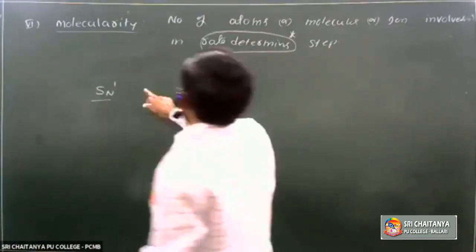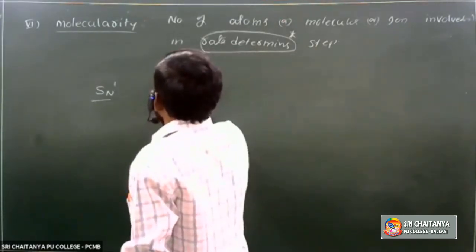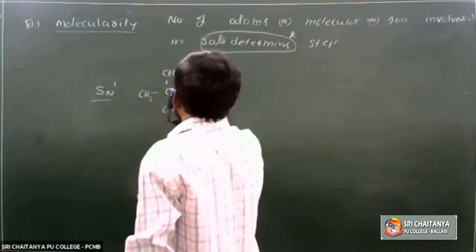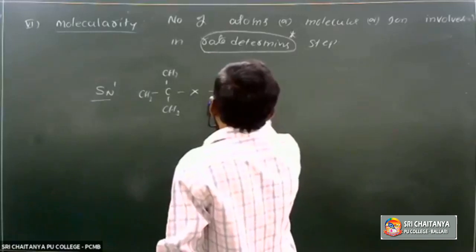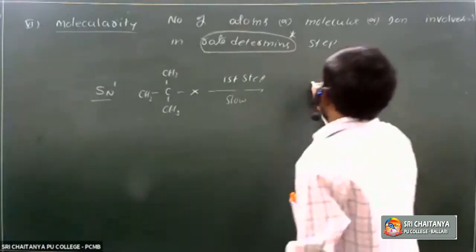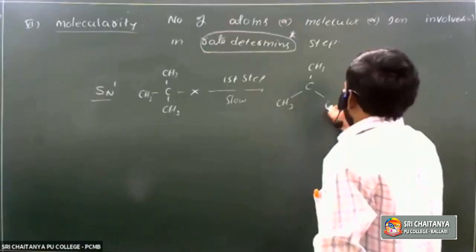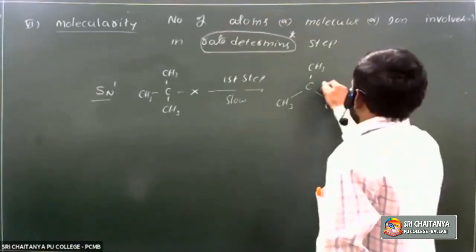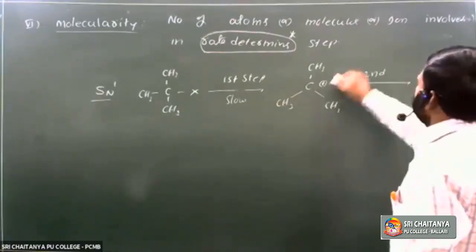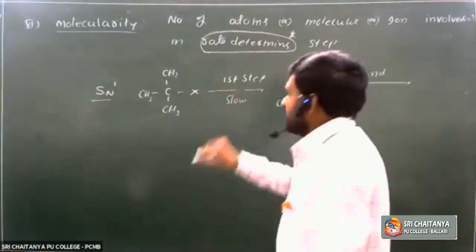In the first step, formation of carbocation, the tertiary carbocation is formed from the alkyl halide. The C-X bond is broken, it is the slowest step. Next, the second step is the fast step, where the nucleophile attacks the carbocation.